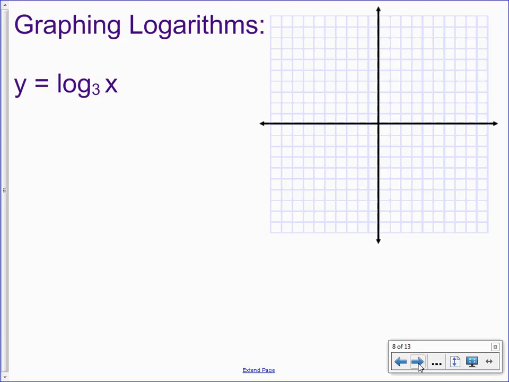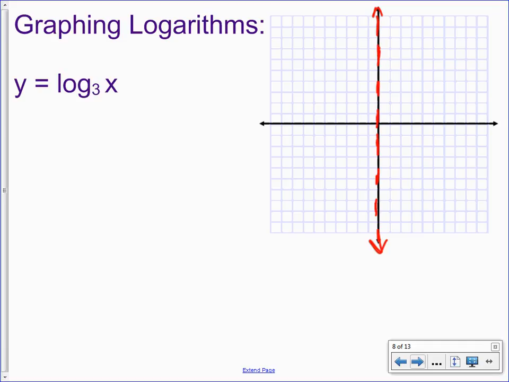Where is it? x equals 0. We cannot have negative numbers in our logarithm, and so that asymptote is bounding us from ever doing that. Don't put any zero or negative numbers in your logarithm, it will not work. So that's why that vertical asymptote is there.